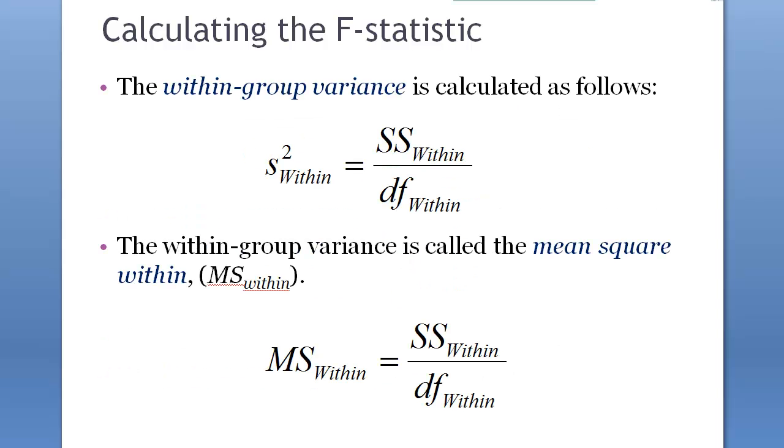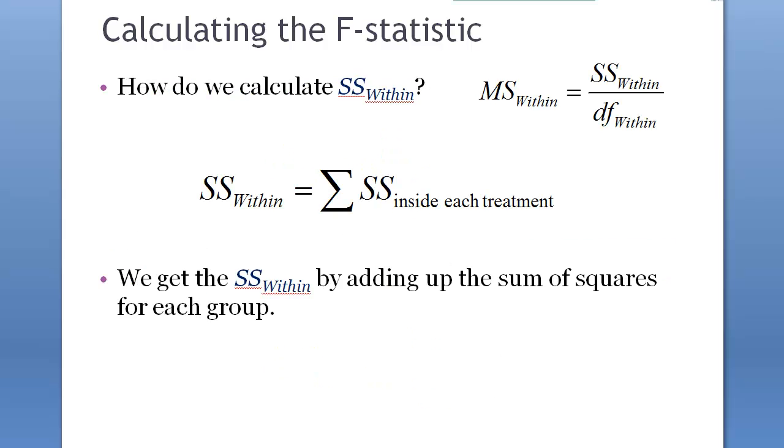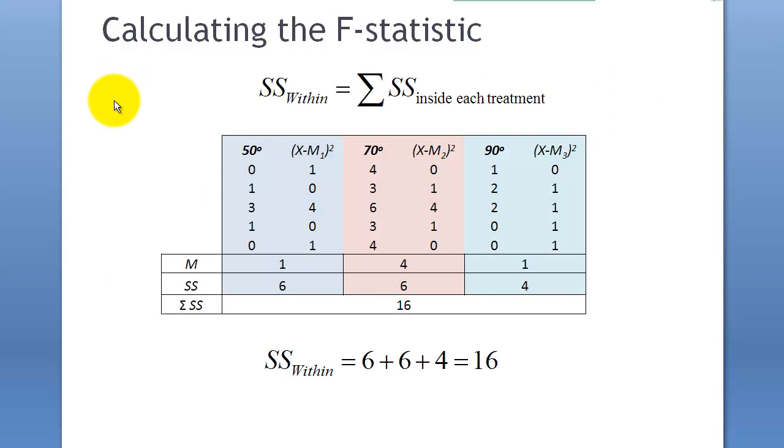Okay, let's look at the within group variance now. Within group variance is calculated by the sum of squares within divided by the degree of freedom within. And the sum of squares within is kind of easy. It's the sum of the sum of squares for each group. So we know how to do it already. The sum of squares for the first group is 6, the second group is 6, and the third is 4. So when we add them up, it's going to be 16.